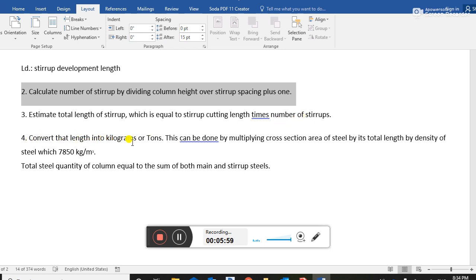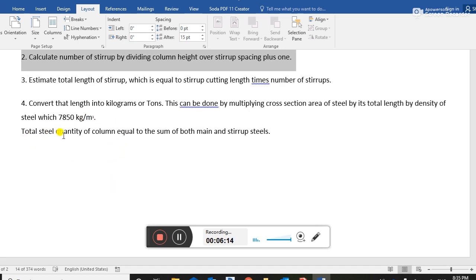Convert the length into kilograms or tons. This can be done by multiplying the cross-section area of the steel by the total length by density of steel, which is 7850 kg per meter cube. Total steel quantity of column is equal to the sum of both main and stirrups steel.